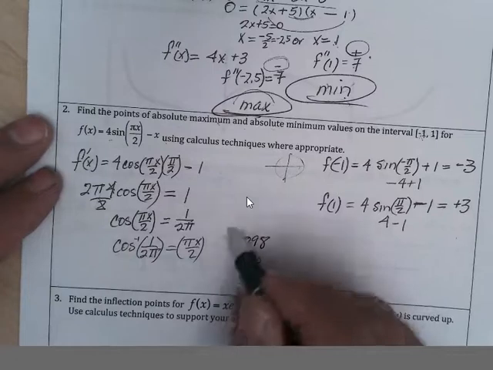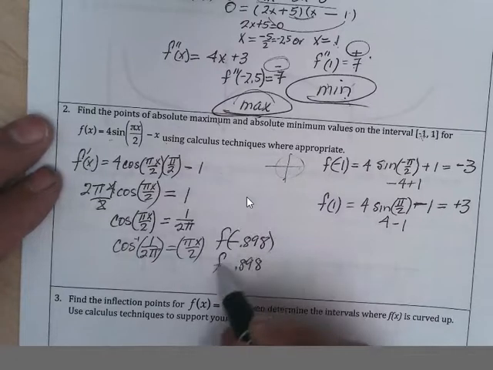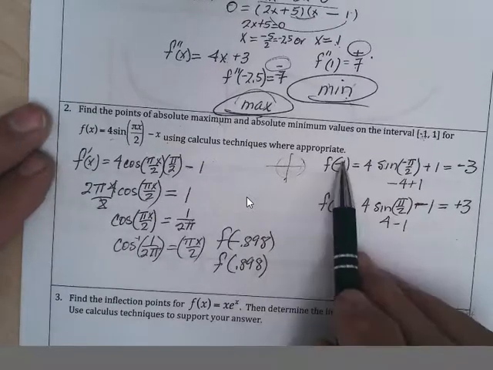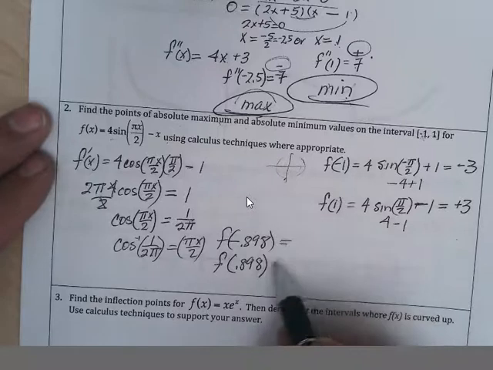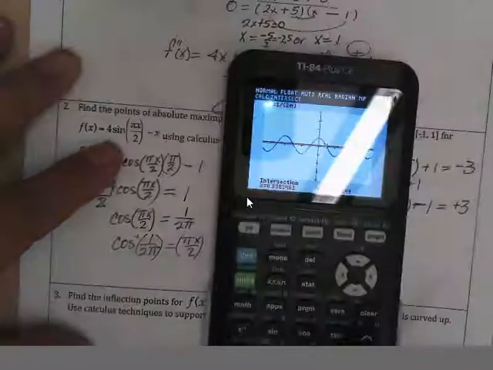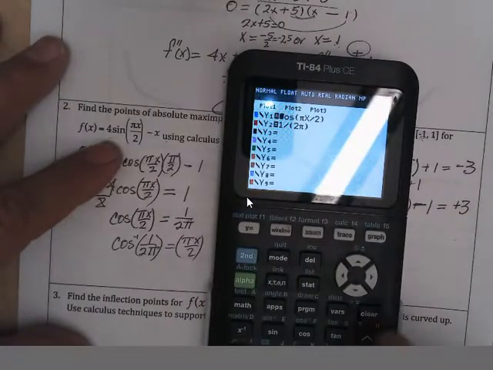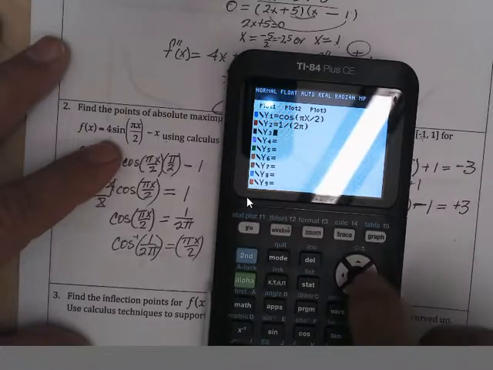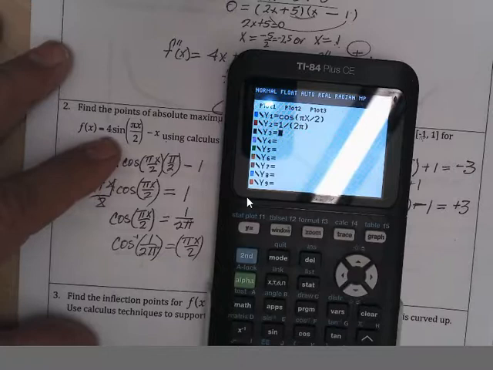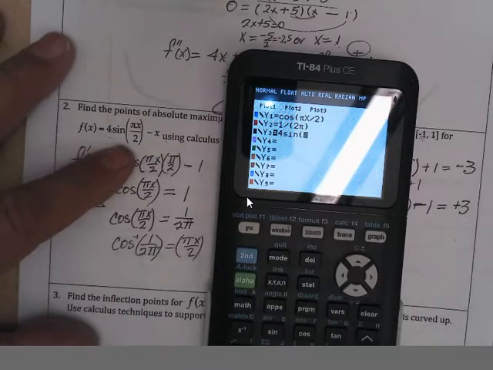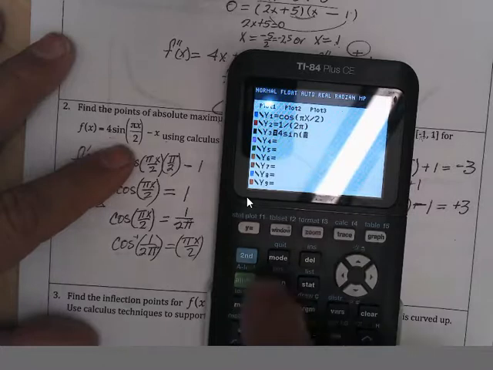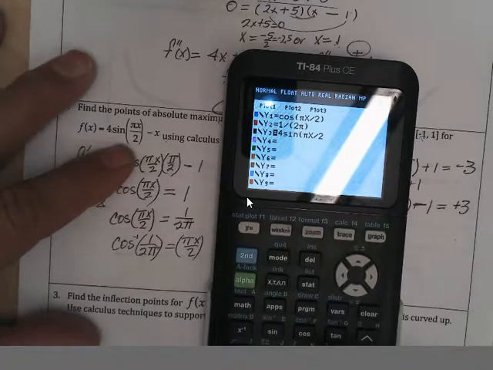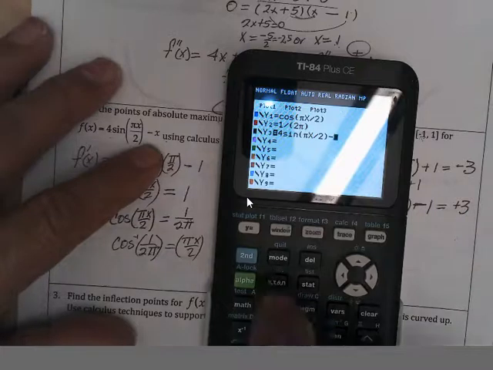And I have to find f at those places, just like I found f at these two places. So I probably should have just typed this into y equals. So I'll turn this one off, turn that one off, and just type 4 sine of pi x divided by 2, close parenthesis, minus x.